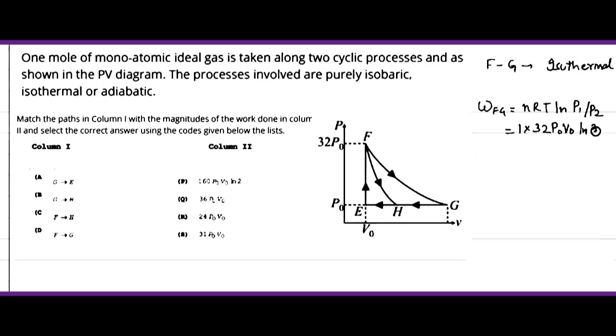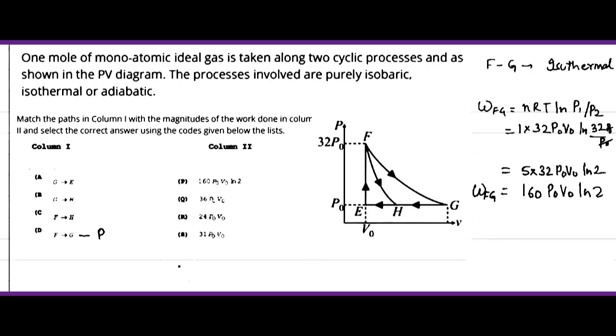Now ln of 32 P naught divided by P naught, so the P naught cancels. ln 32 we can write as 5 ln 2, since 32 is 2 to the power 5. So this equals 160 P naught V naught ln 2. So FG matches with option P: the work done in the process FG is 160 P naught V naught ln 2.